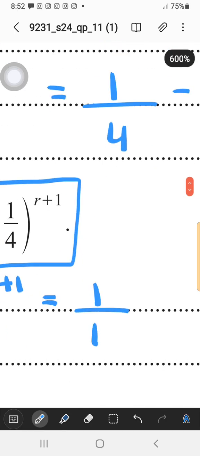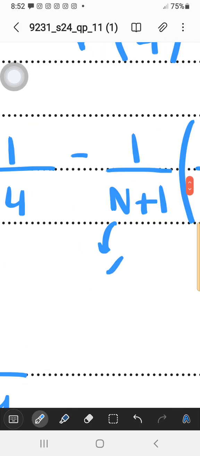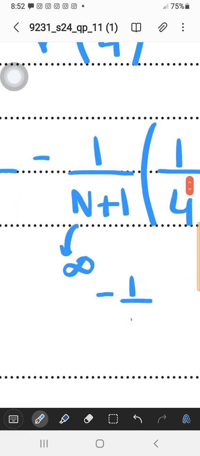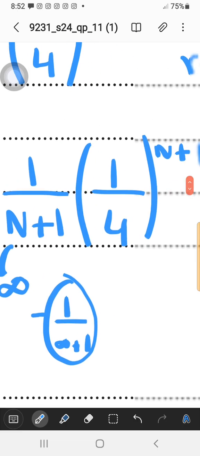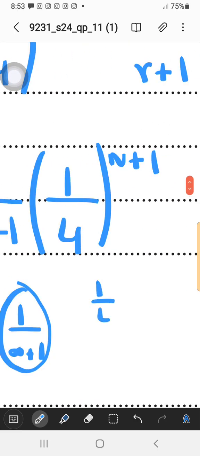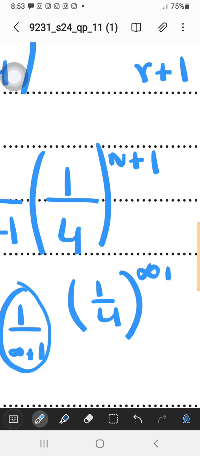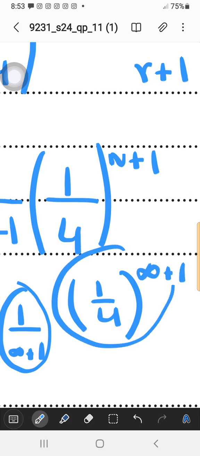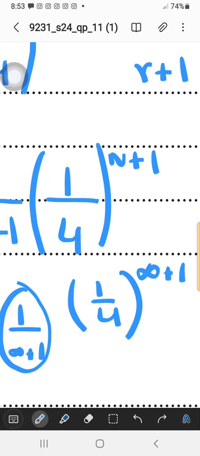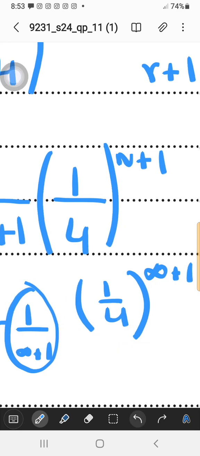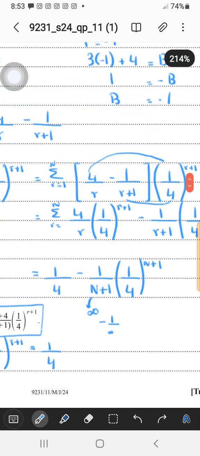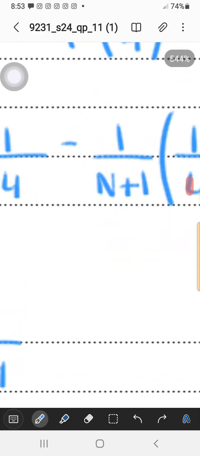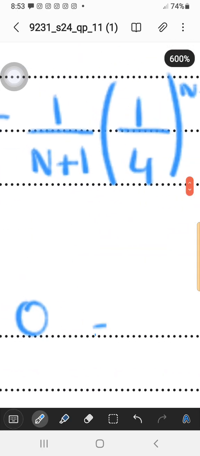This is 1 upon 4, and if I write infinity here, it becomes minus 1 upon infinity plus 1, and this becomes 0. So if we multiply 1 upon 4 power infinity plus 1, this also becomes 0. I am not sure it becomes 0 or not, but if this becomes 0, it will make the other bracket all 0, so it will make the final answer 0. So that's why it will be equal to 1 upon 4 plus 0, which is equal to 1 upon 4.